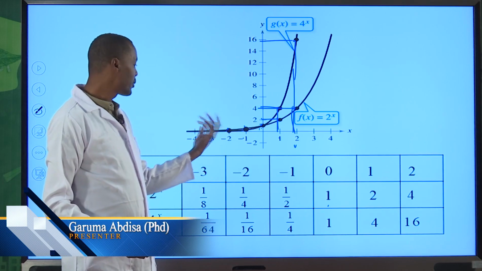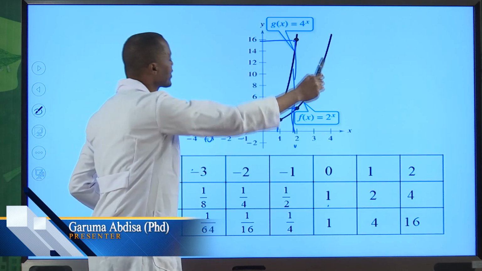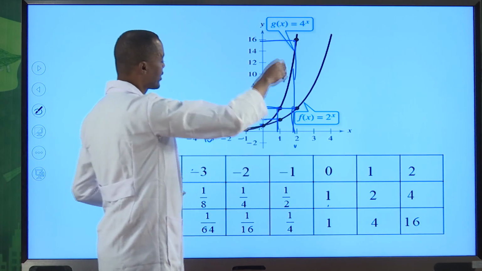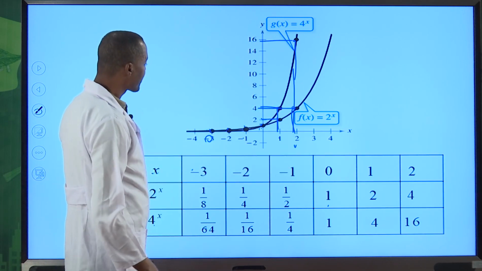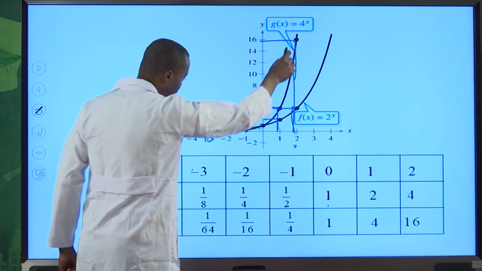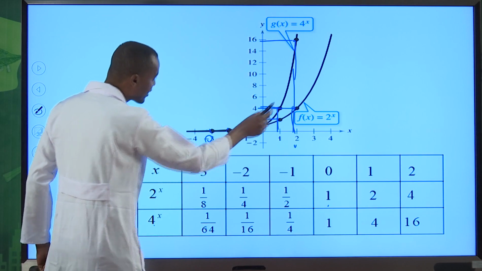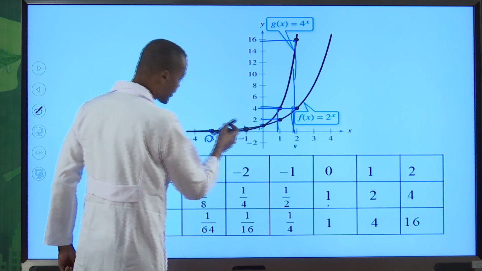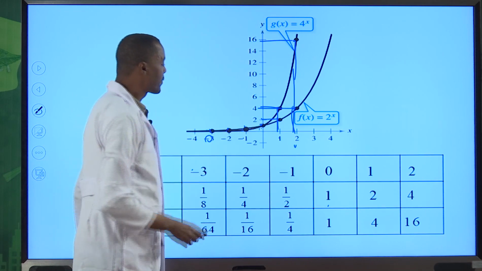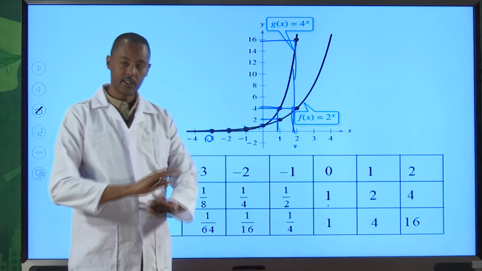The two points seem to be overlapping. But on the right side, as the numbers increase, the two points are very far away from each other. And the most important thing is that the graph of 4 to the power of x is passing underneath the graph of 2 to the power of x. So as the base increases around this point, the function is flattened.